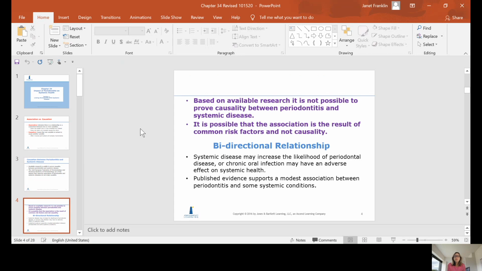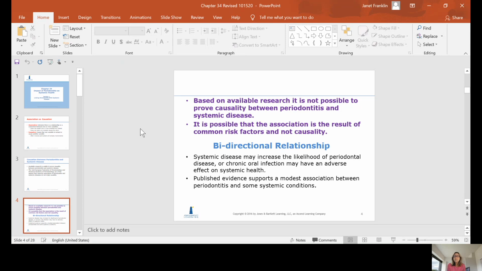Based on available research, it is not possible to prove causality, but it is possible that the association is the result of common risk factors, not causality. So in other words, common risk factors could show that there's an association, but one doesn't cause the other.